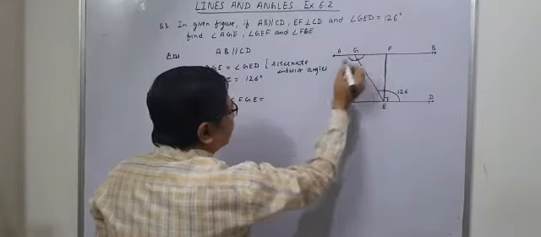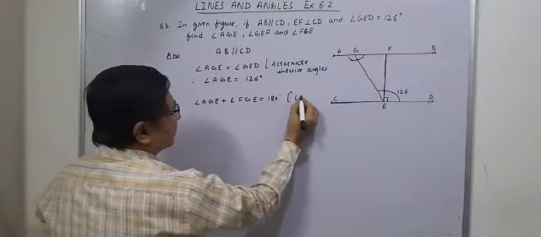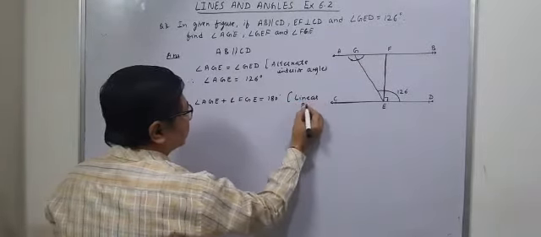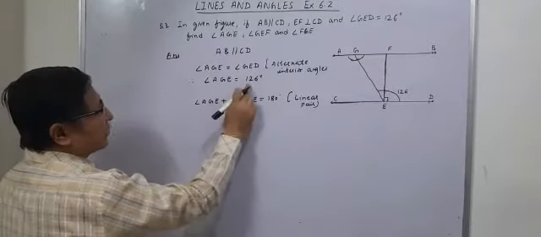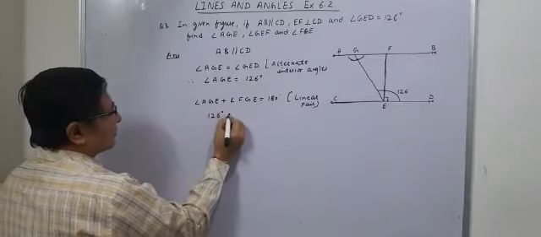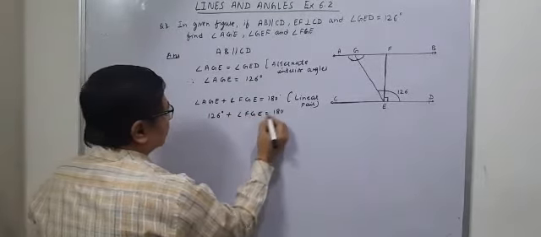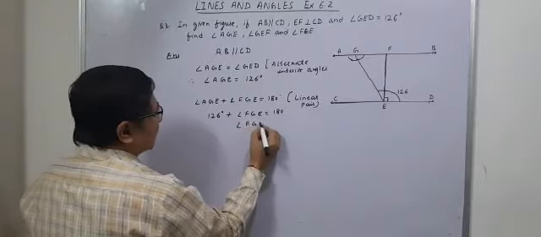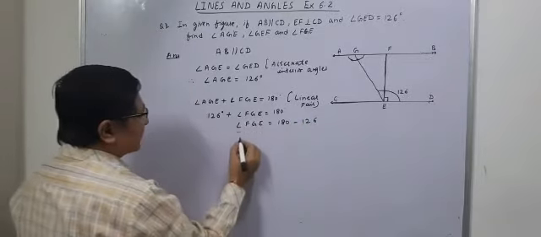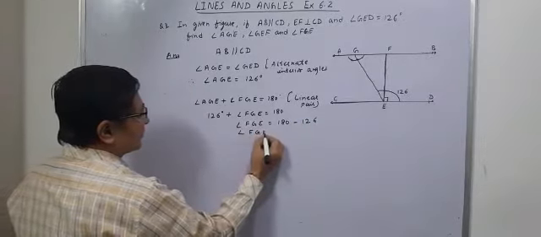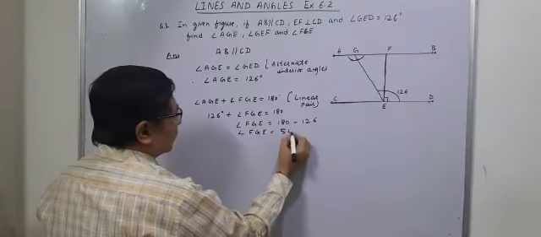These two angles are forming a linear pair, and the sum of angles in a linear pair is 180 degrees. So AGE we have calculated, that is 126 degrees, plus angle FGE is equal to 180. So angle FGE is equal to 180 minus 126. When we subtract, we get the answer 54 degrees.